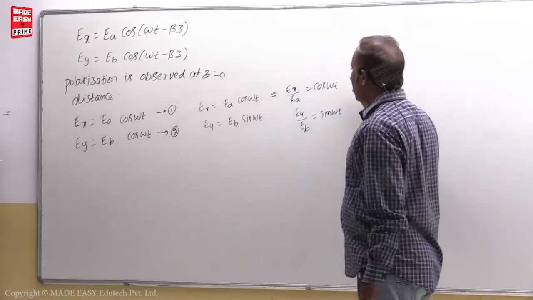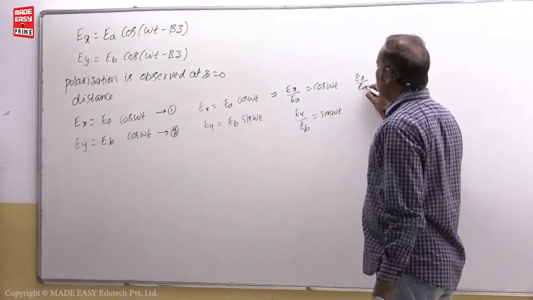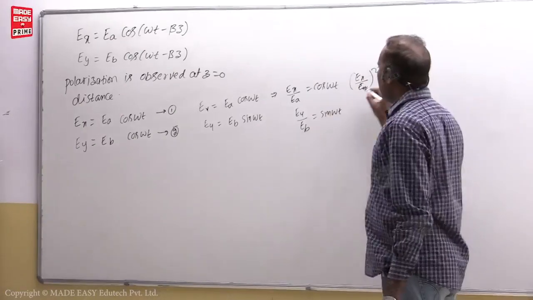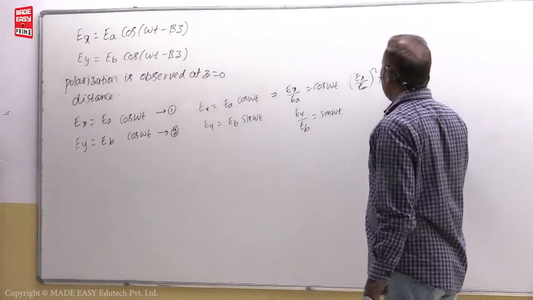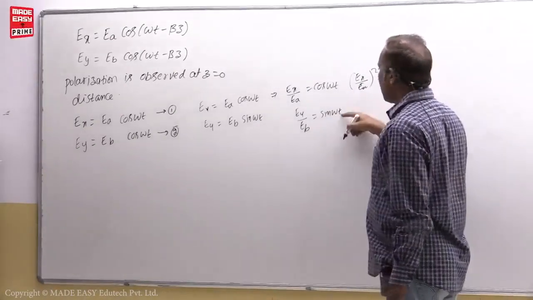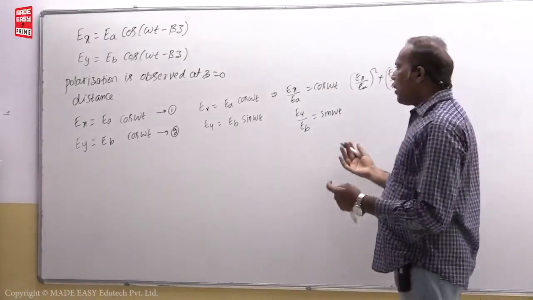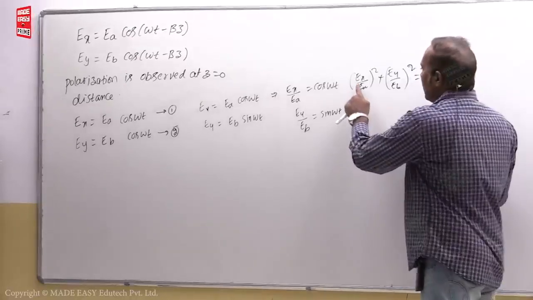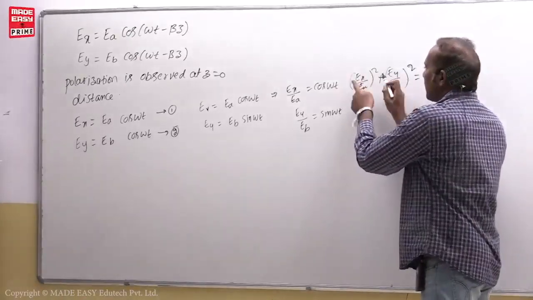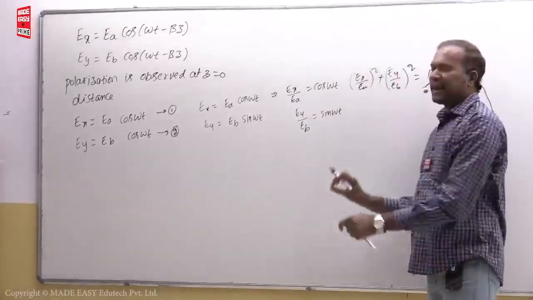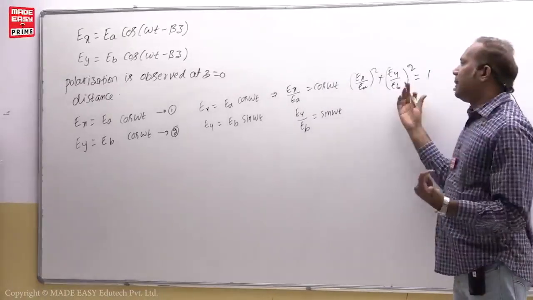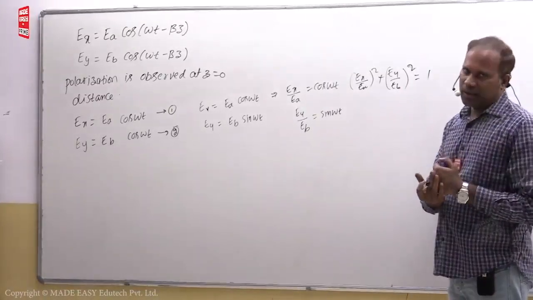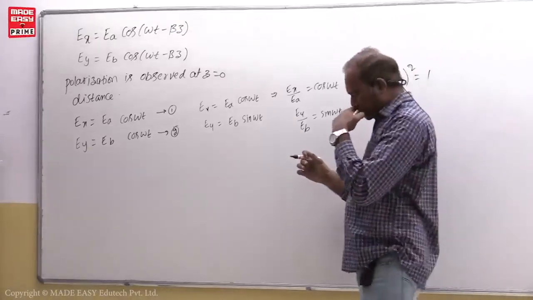I will take this square plus this square: (Ex by Ea) whole square plus (Ey by Eb) whole square, then cos square plus sin square is 1. Somehow I got the equation which gives the relation between electric field X and Y. This is called the resultant electric field equation. It looks like an ellipse, so it is called elliptical polarization, dear students.